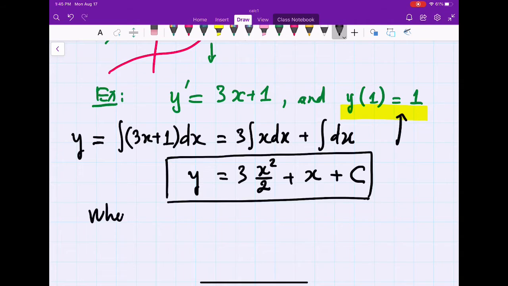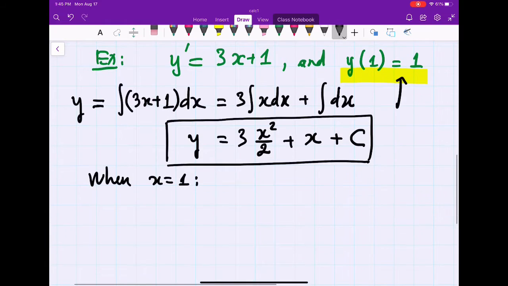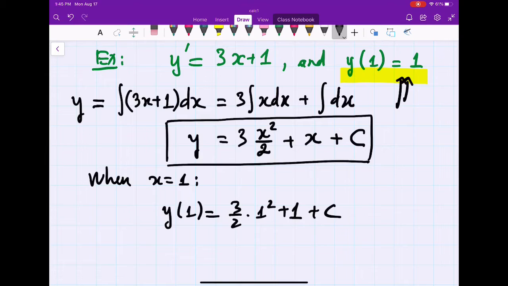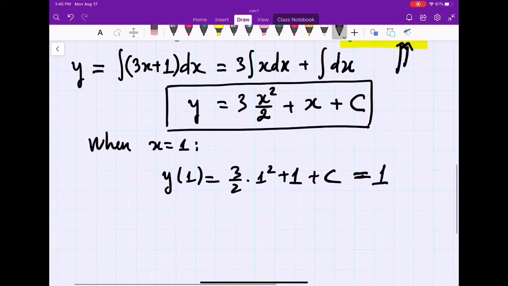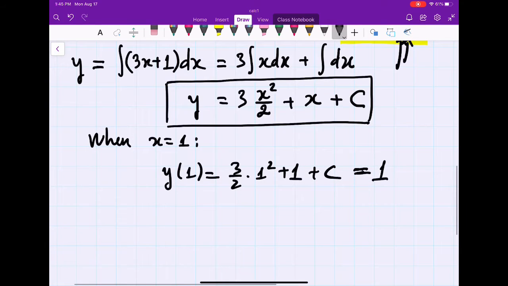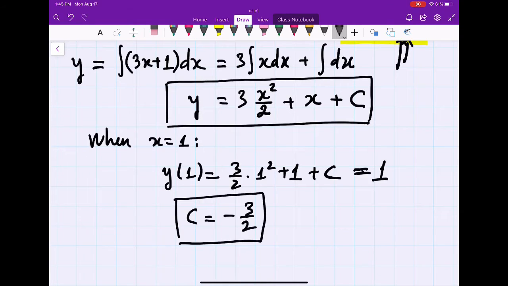So I write when x equals 1, we have y(1) is 3 over 2 times 1 squared plus 1 plus c. And from the initial condition, that is just 1. And this equation helps us to solve for the c. So from here I get c equal to negative 3 over 2, because you cancel 1, and then you bring this term to the other side, so you change the sign.